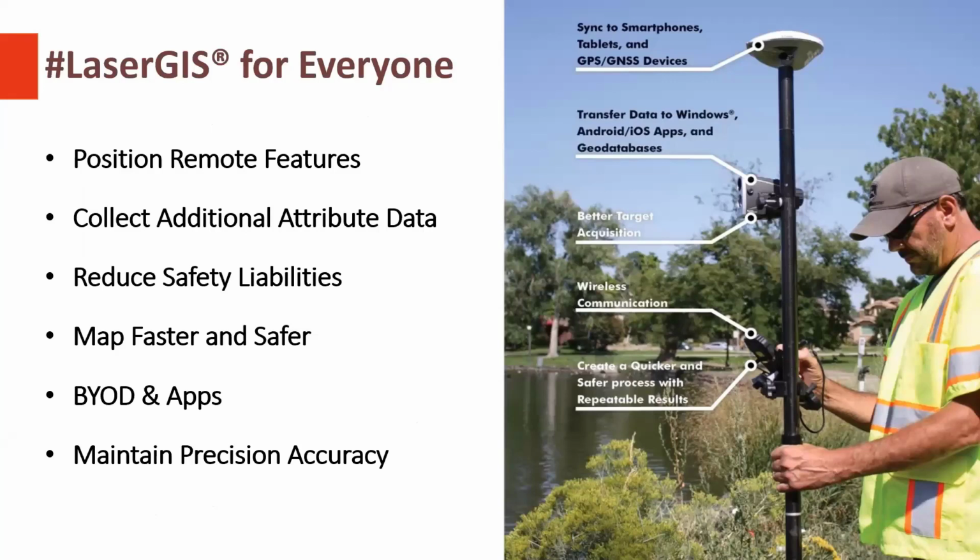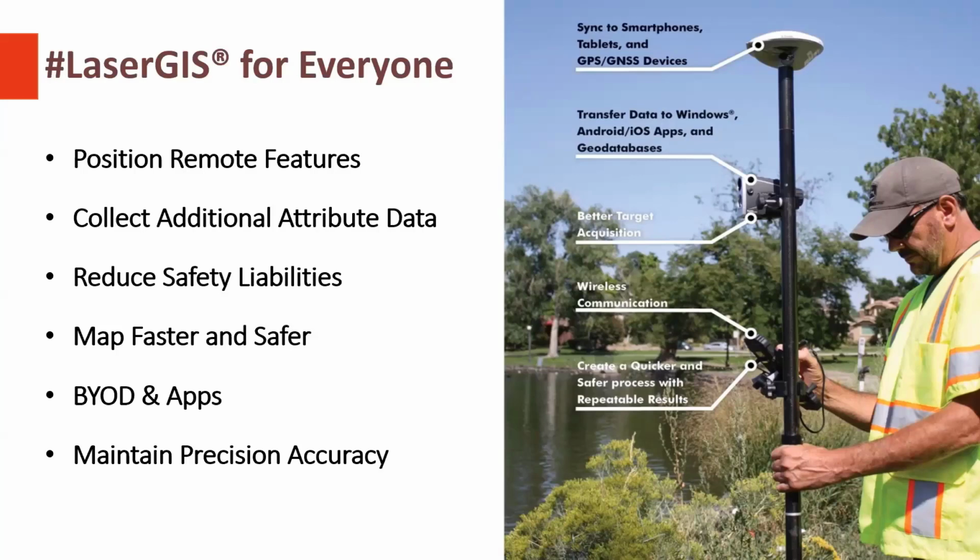But we've expanded the concept to really include this integration of GPS, laser, some kind of mobile device, and then an app. You've heard of BYOD, and you can say the same thing for apps too. And with all these combinations, as technology advances, we're able to drive the accuracy down.